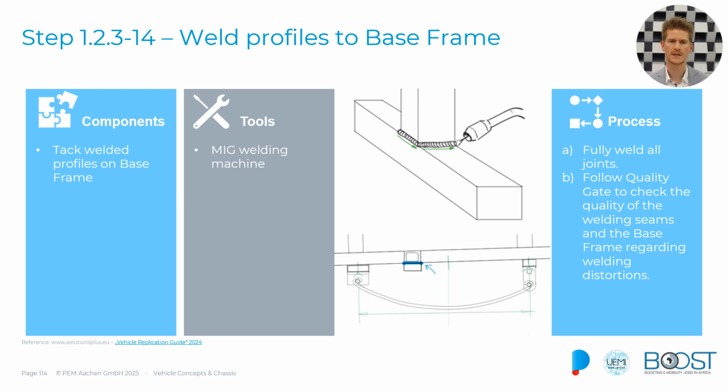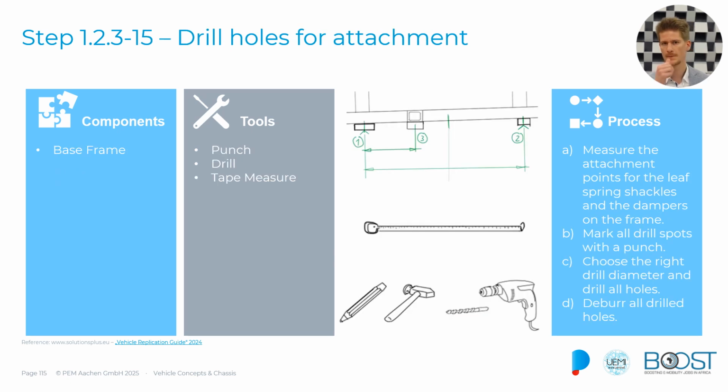Now we have everything we need in order to proceed with the mounting process. We will drill some holes for the mounting. We would need the base frame with the attached parts, a punch, a drill, and probably a tape measure.